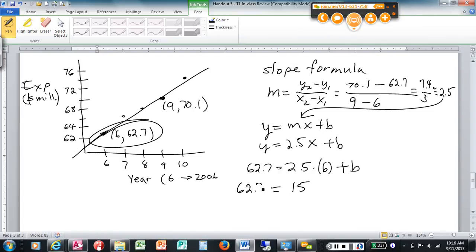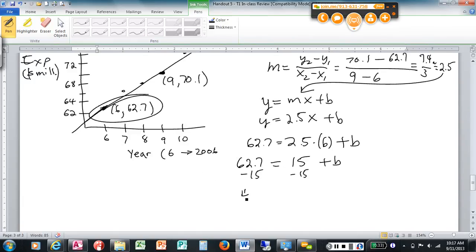So 62.7 equals 15 plus b. Subtract the 15, and we have our b: 47.7. So the m is 2.5, we said, we rounded it. The equation is y equals 2.5x plus 47.7.